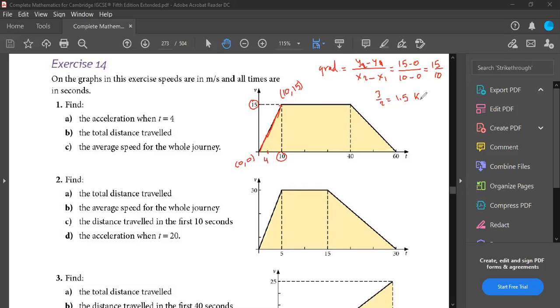That's meters per second squared. That's the acceleration.